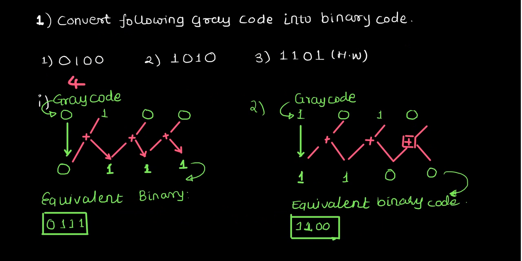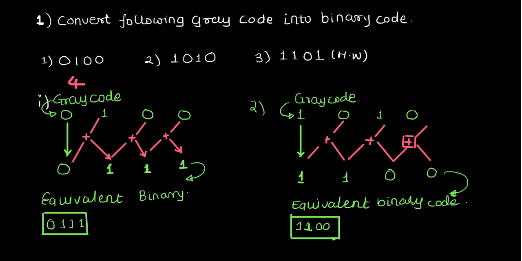Now this 0 when XORed with G2, yes, B3 XORed with G2 will yield 1. 0 XOR 1 is 1. Friends, try to recall the truth table which we saw in the last video. Now 1 XORed with 0 will yield 1 again. 1 XORed with 0 is 1. So the resultant or equivalent binary code of 0100 is 0111.